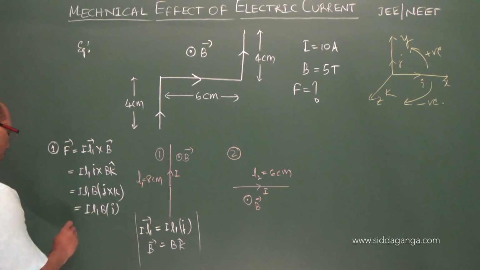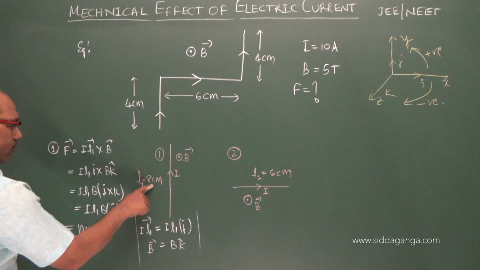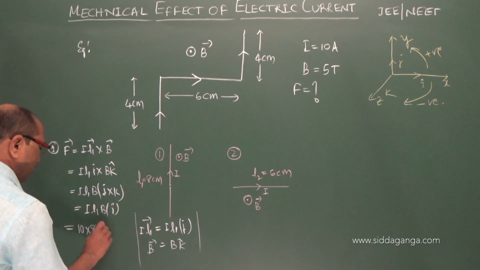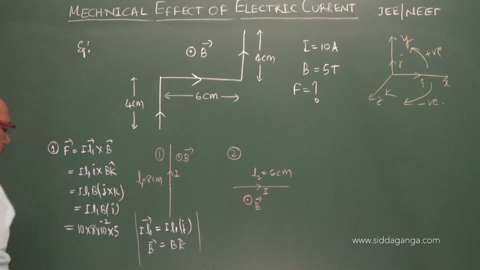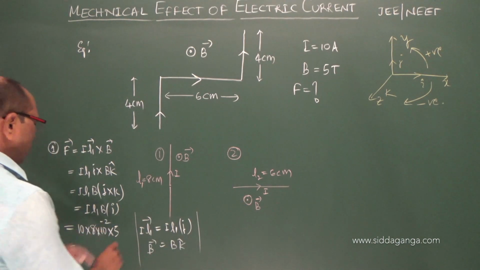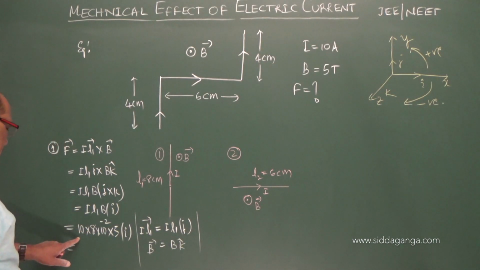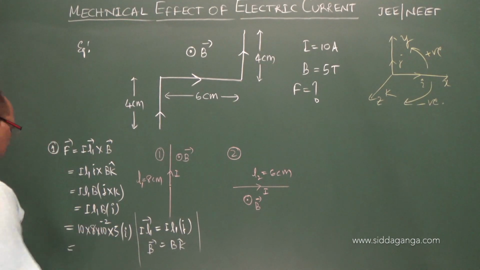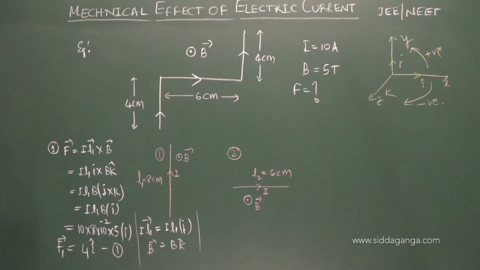I L1 B i: substitute the values, 10 ampere, L1 is 8 centimeter, 8 into 10 power minus 2, into B which is 5. 8 fives are 40, so 400 times 10 power minus 2 becomes 4 i. This is F1 for the first part.